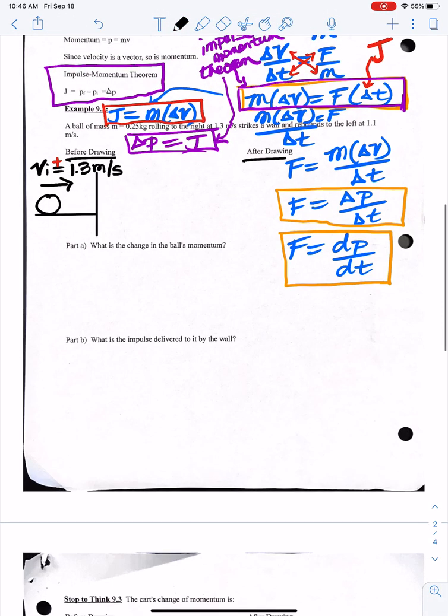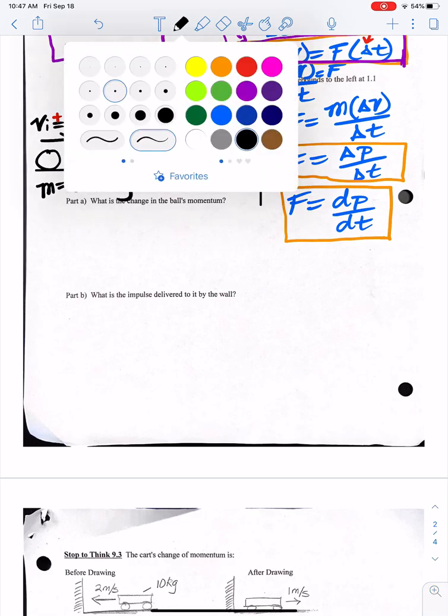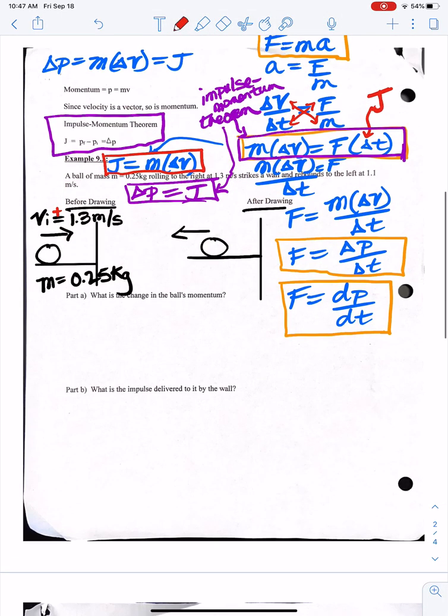It has a mass of m equal to 0.25 kilograms. Then it's going to collide with the wall and bounce back and travel to the left. It's important that you set up which way is which direction-wise, so I'm going to draw this red double arrow up here and call left negative and right positive, which is normally what we do.